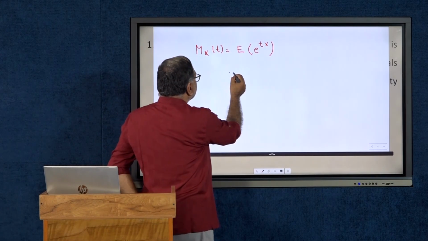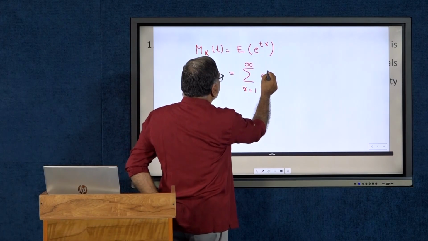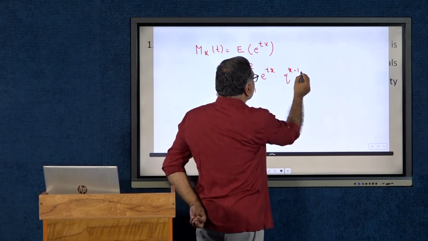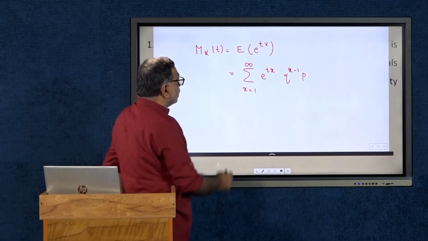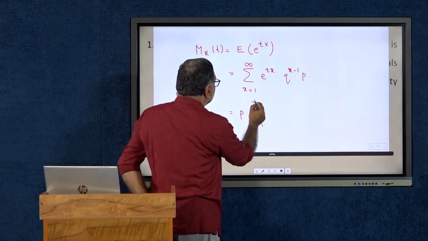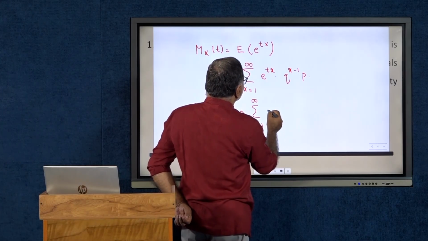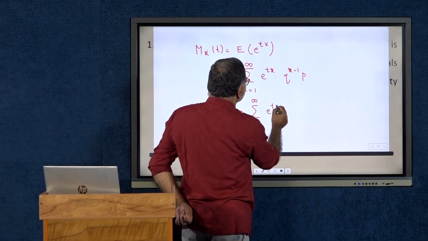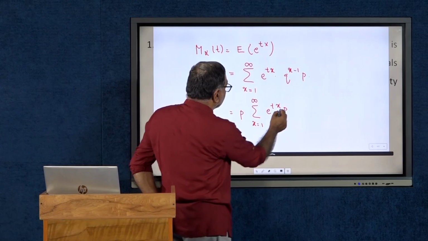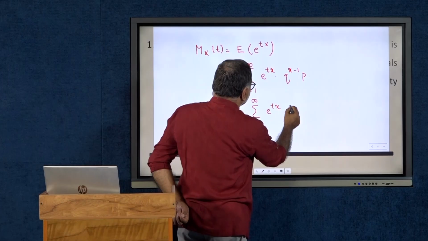For this random variable, this is equal to sigma over x is equal to 1 to infinity e power t x into the probability mass function, that is q power x minus 1 into p, and that is equal to p into sigma over x is equal to 1 to infinity e power t x into q power x minus 1.